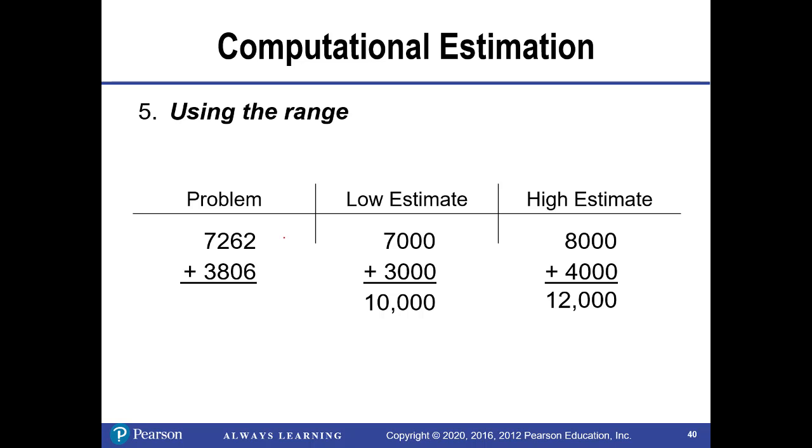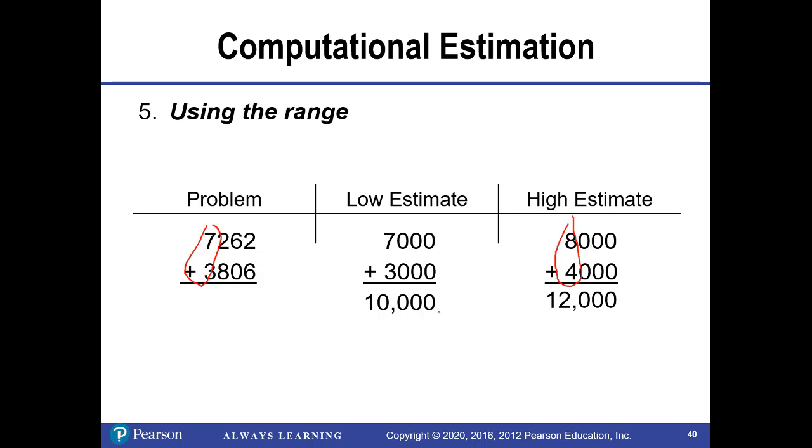And so here, if we have 7262 plus 3806, we first take a low estimate by taking just the first digit, 7,000 plus 3,000. And then we take a high estimate by rounding both up, and that violates the normal rules of rounding. Why do we do that?